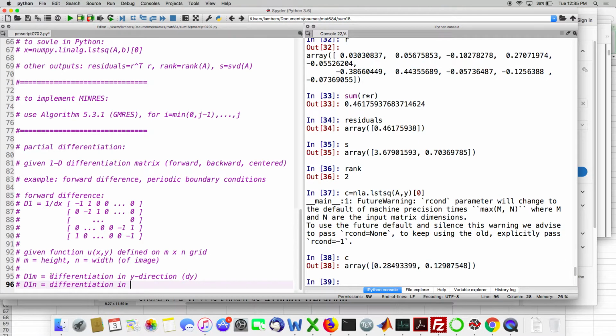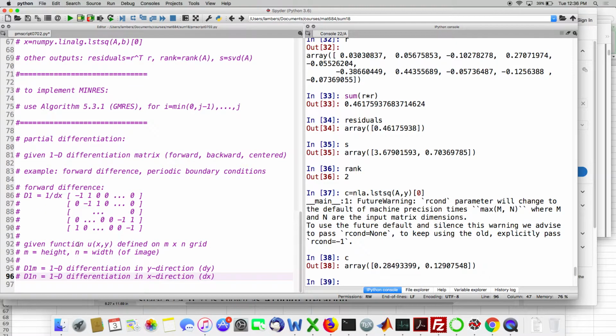But this is still 1D. This is not partial differentiation yet. So in other words, I'm using the appropriate spacing for each one. The matrix, everything in square brackets, is the same. It's just the coefficient out front that is different. So I have these set up for each one.